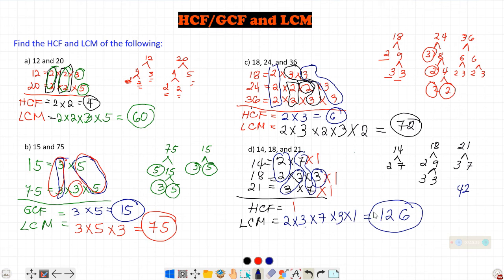It can't be two. But for LCM, if at least two numbers are common among the three numbers, then it's taken as 1. It's not always 3, it can be 2 for LCM. But for HCF, it should always be common to all 3 numbers for 3 numbers, and for 2 numbers, it should be common to both numbers.